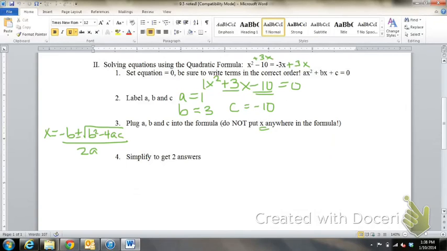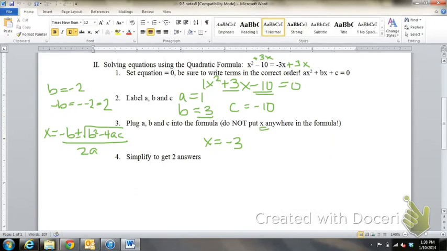So now that I know what a, b, and c are, I'm just going to plug all those numbers in. So negative b was positive 3, so negative b would be negative 3. If b is already a negative number, let's say b was a negative 2, then negative b would be negative negative 2, and it would turn into a positive. Okay, so just be careful with that.